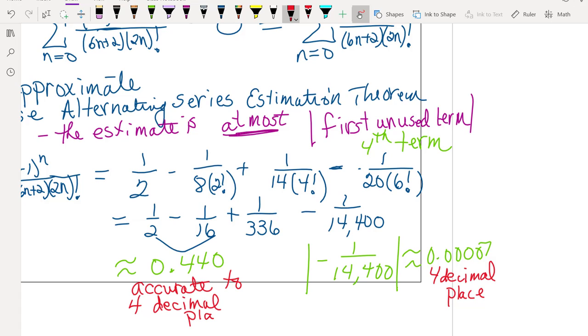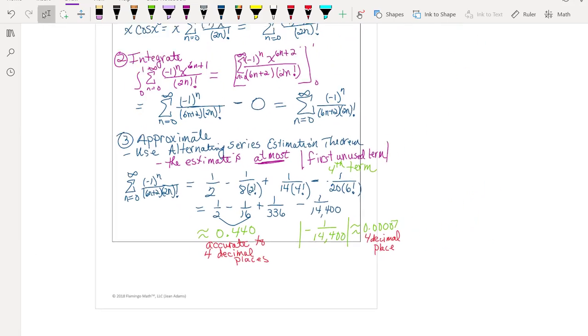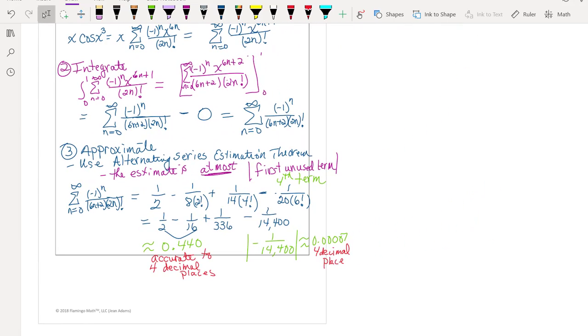And this is probably the best example of how a Maclaurin or Taylor series can be used to do complicated functions, because our trig functions we saw, sine, cosine, and tangent, can be written very easily as a Maclaurin series, and then integrating it, even multiplying it by some algebraic expression, like in this case x, and we had an x cosine of x cubed, turned into a very simple power series.